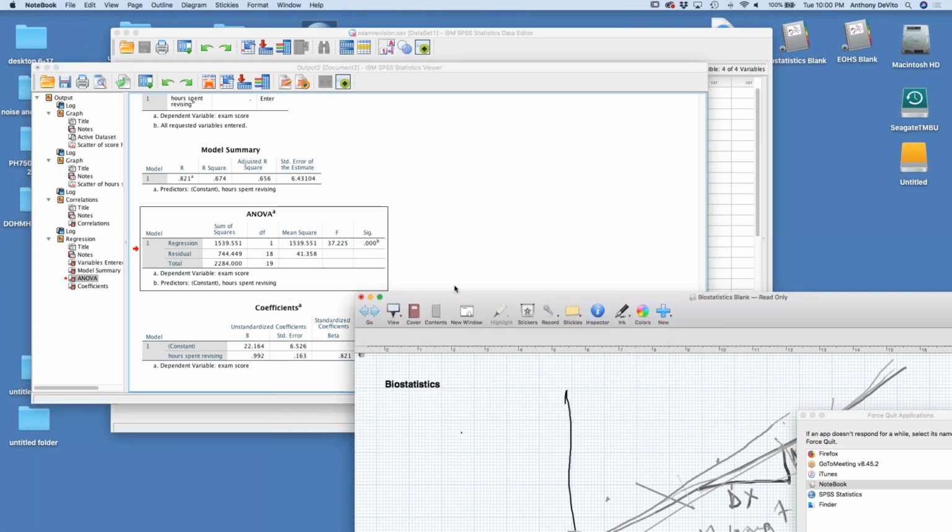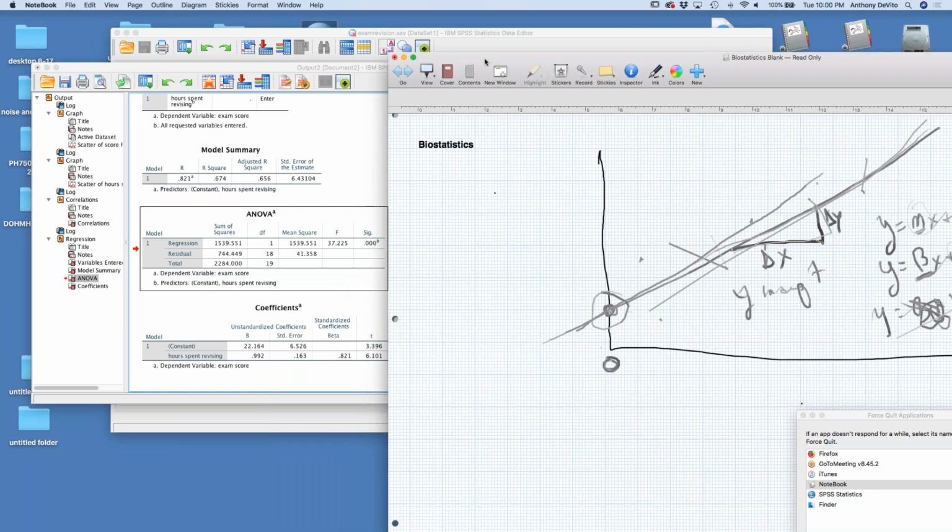So essentially, the formula that represents this relationship between hours and our predicted variable, exam score, would be Y is equal to 0.992, remember, that's the slope, X plus the y-intercept, which is 22. I'm just going to call it 22. Actually, I could even just call this 1, just to make things simple. 1X plus 22.